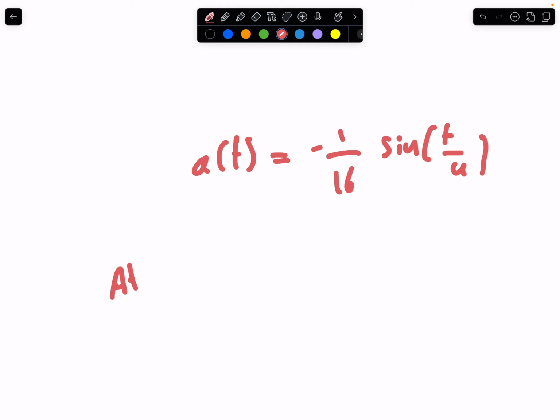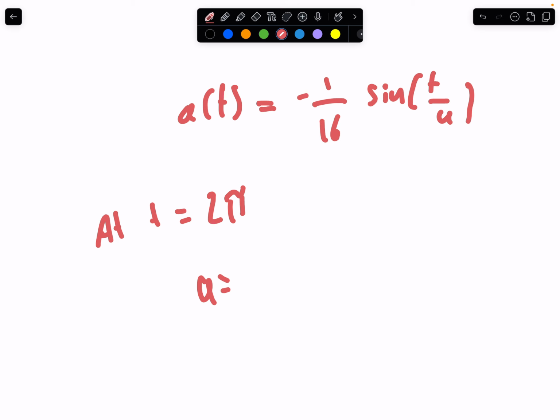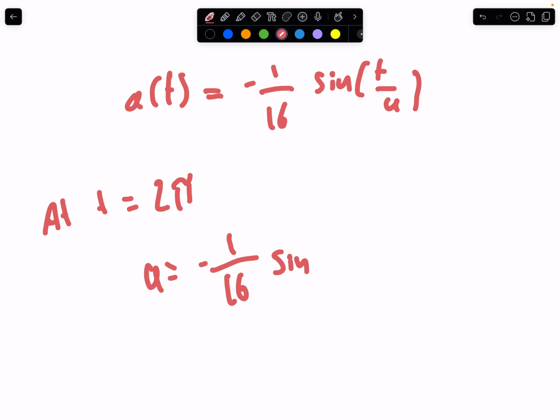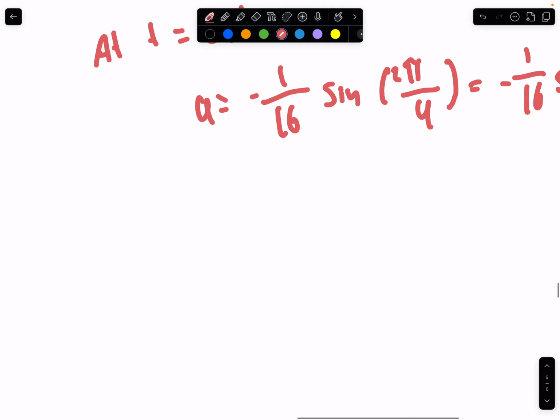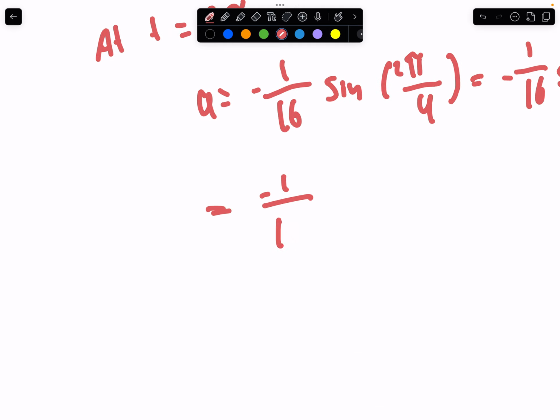So at t equal to 2 pi, A is equal to negative 1 over 16 sine(2 pi over 4), equal to negative 1 over 16 sine(pi over 2), which is negative 1 over 16 times 1.